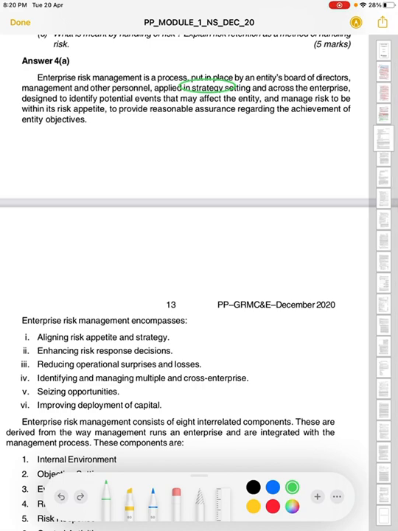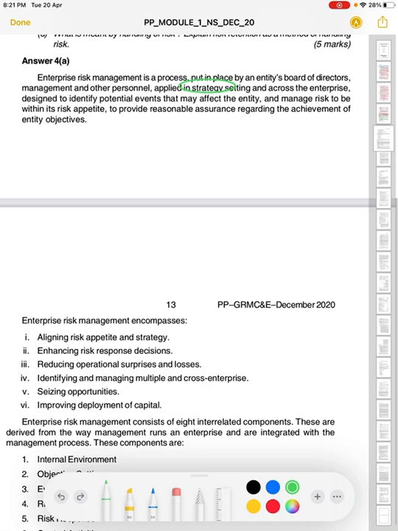So enterprise risk management encompasses aligning risk appetite and strategies, and enhancing risk response decisions, reducing operational surprises and losses, identifying and managing multiple and cross-enterprise risks, seizing opportunities, and improving deployment of capital.